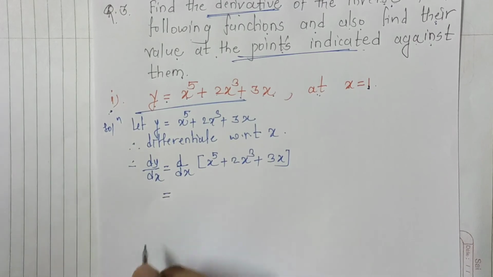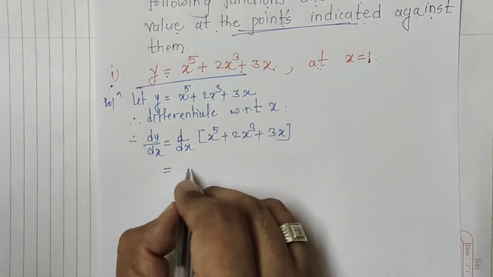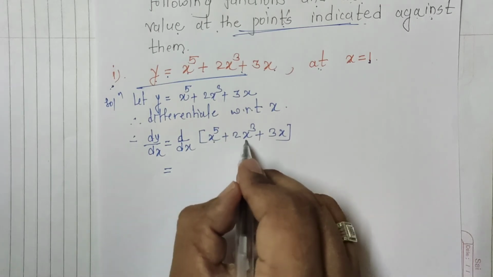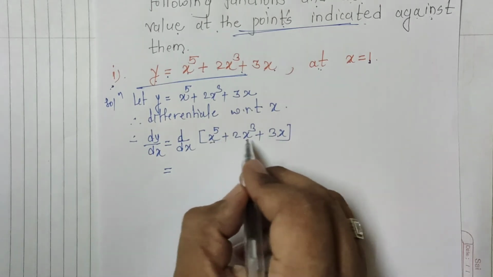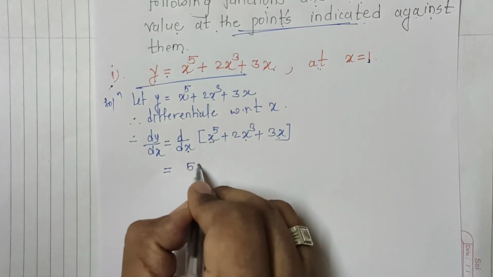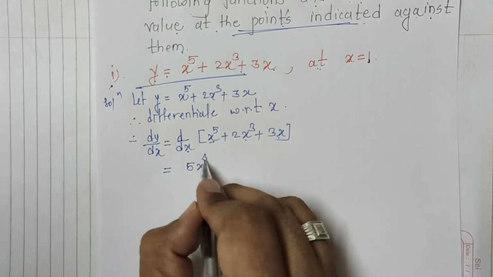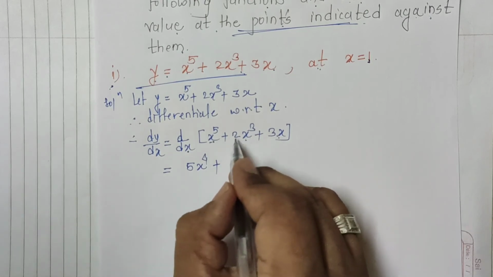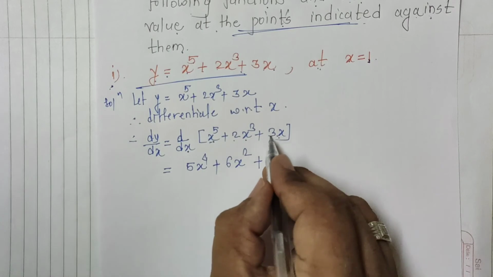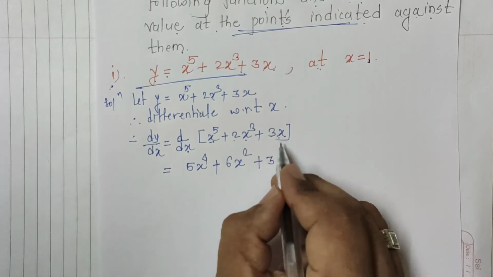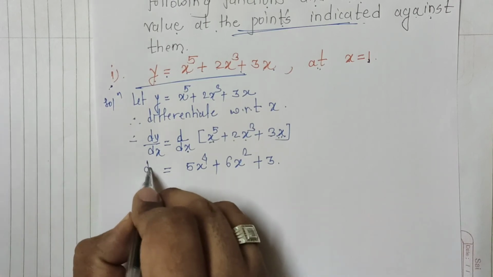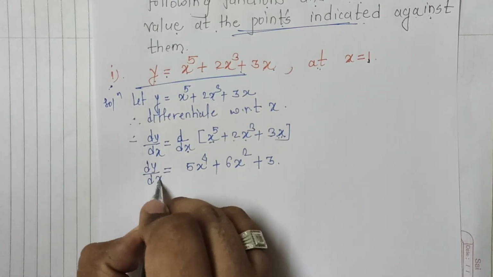Here there are three functions in the form u plus v plus w, so you have to differentiate each term with respect to x. The first derivative is 5x raised to 4, then 2 into 3 gives 6x square, then for 3x the derivative is 3, because 3 is a constant but the derivative of x is 1. So you get dy upon dx.